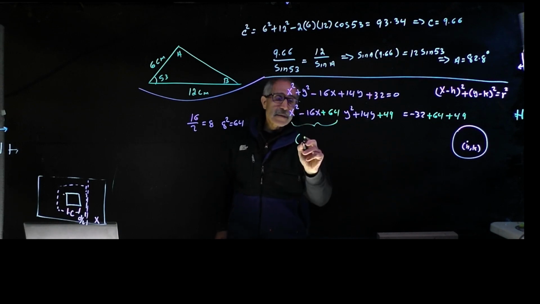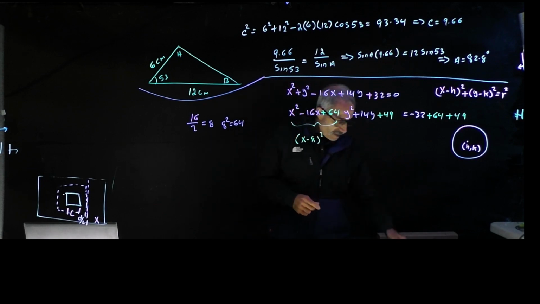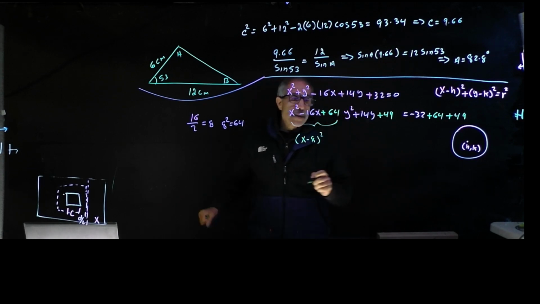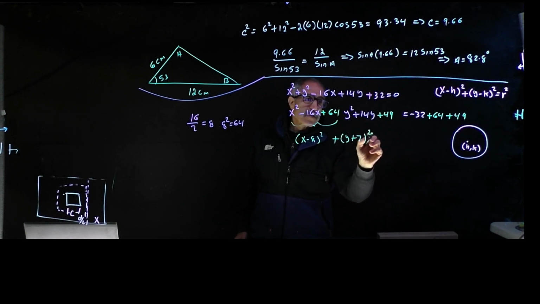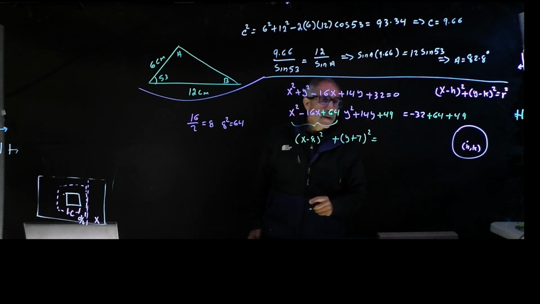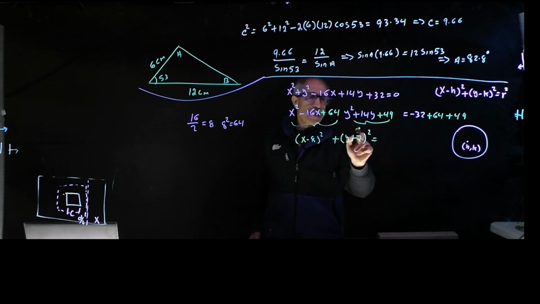Because that's a minus, that becomes x minus 8 squared. And then this becomes plus y plus 7 squared.